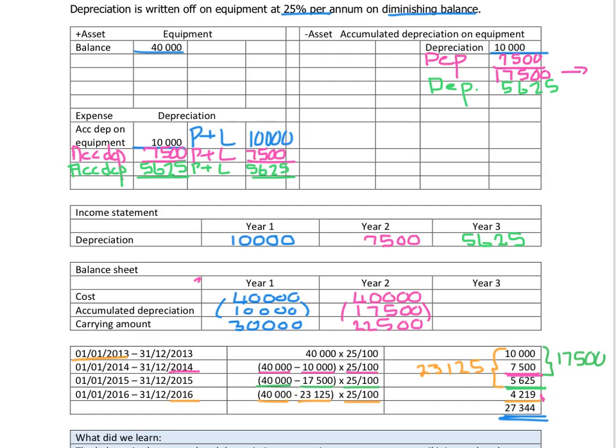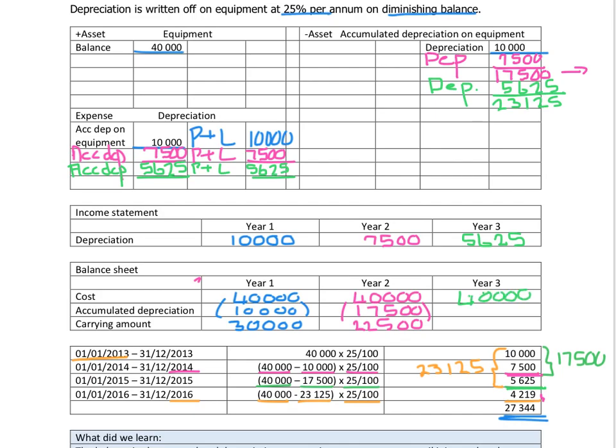In the accumulated depreciation account, we will add the figures and we will get a total of 23,125. So the 17,500 plus the 5,625 will give me 23,125. In the balance sheet, the cost price is still 40,000.